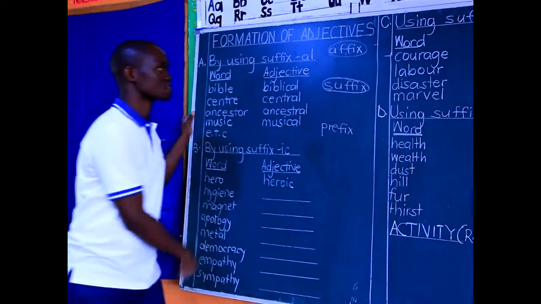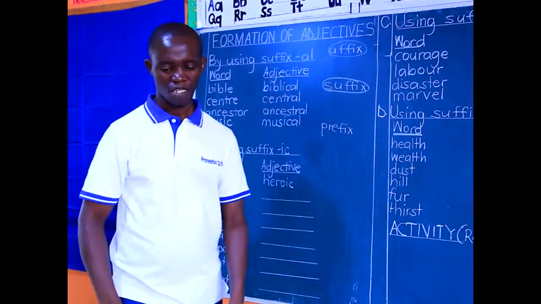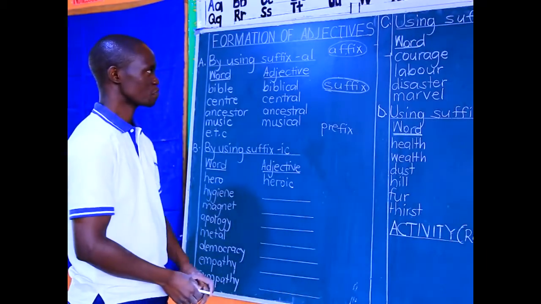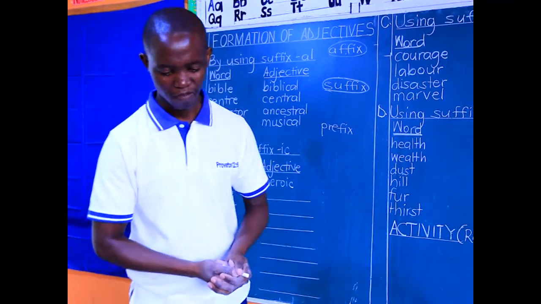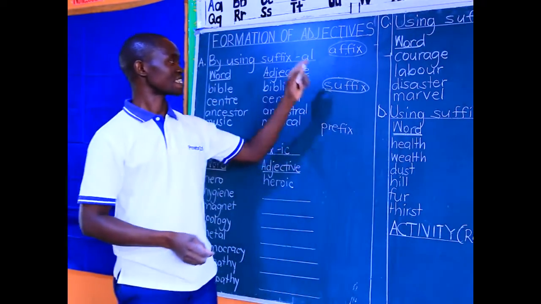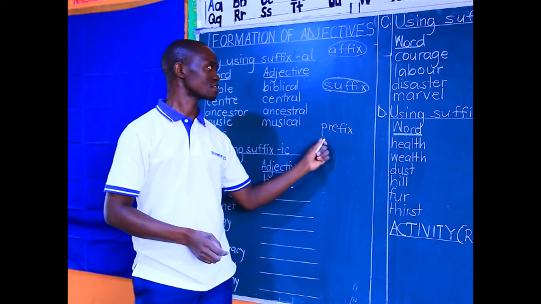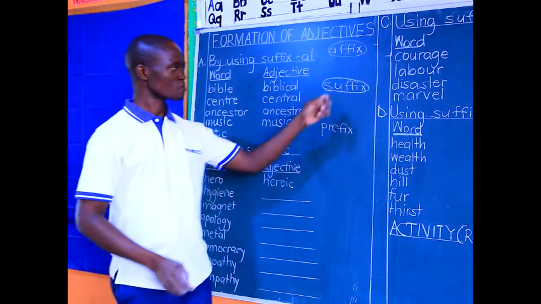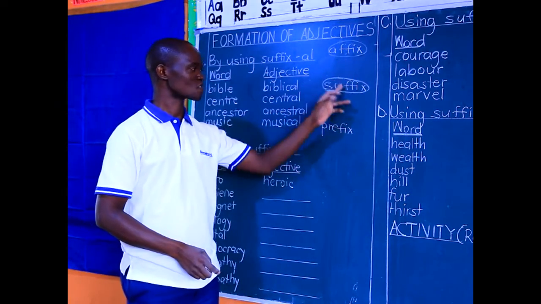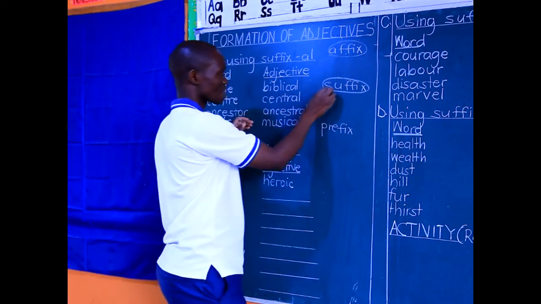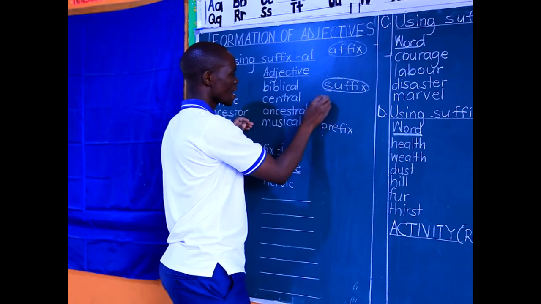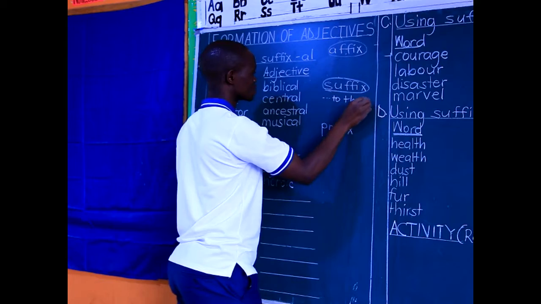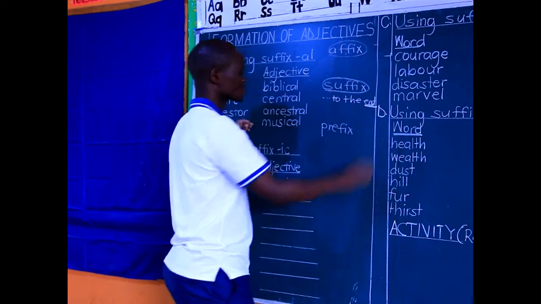Affixes are letters or groups of letters that are added to a word to change its meaning. Maybe I use the singular form for you to understand better. An affix is a letter or group of letters added to a word to change its meaning. What about this? They seem to be a bit similar. This one is a letter or group of letters added to the end of a word to change its meaning.